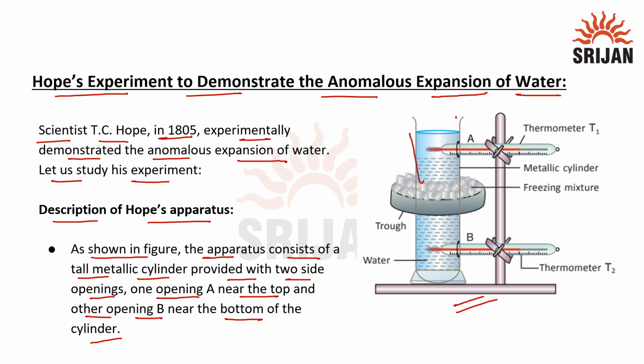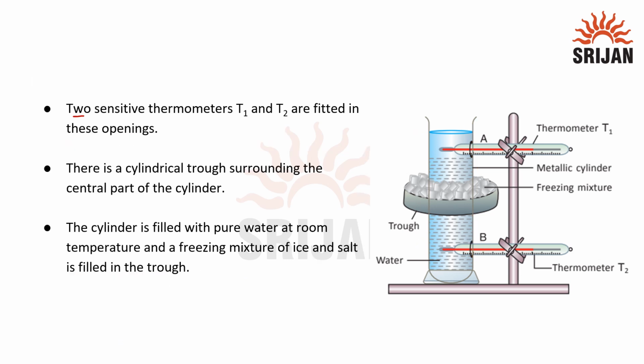So this is the metallic cylinder and here we have two openings A and B. Two sensitive thermometers T1 and T2 are fitted in these openings. So here we have opening A where thermometer T1 is fitted and here we have opening B where thermometer T2 is fitted.